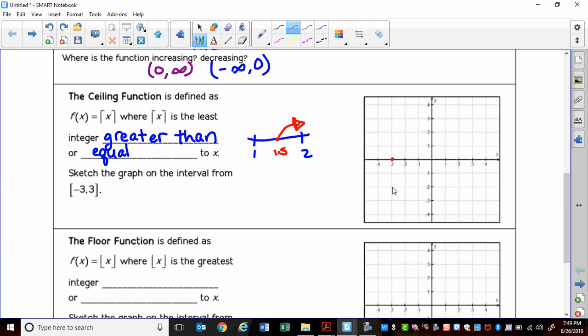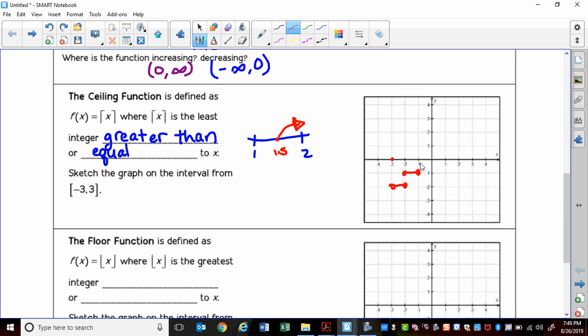So it's going to look something like this: we have an open circle, and then all the way to -2, and then this is a closed circle. And then we're going to start at -2, open circle, and go all the way to a closed circle.